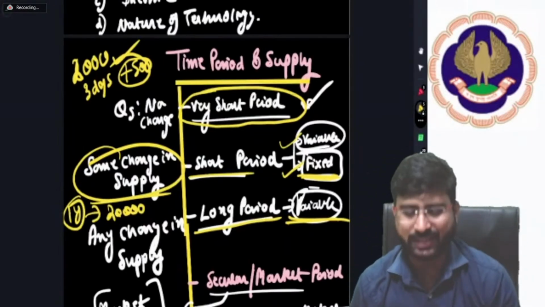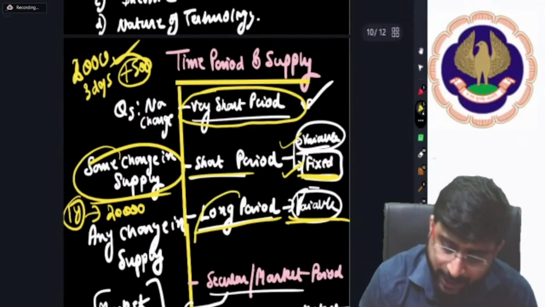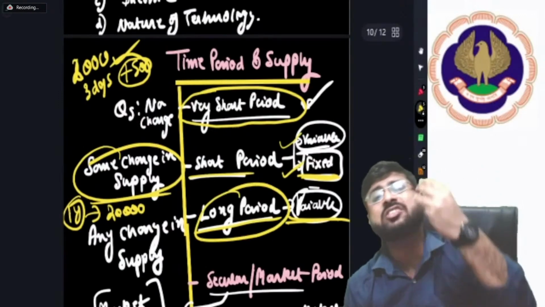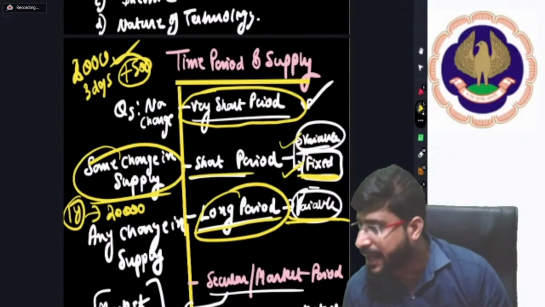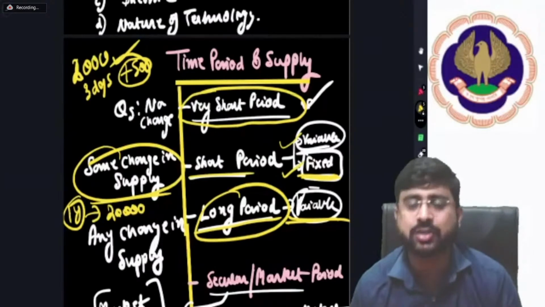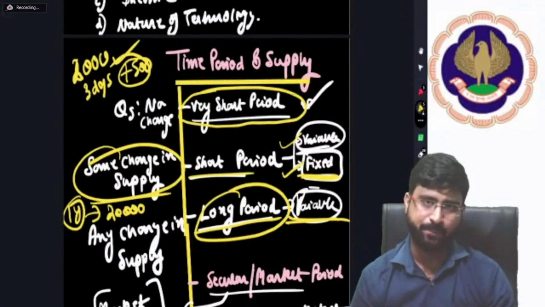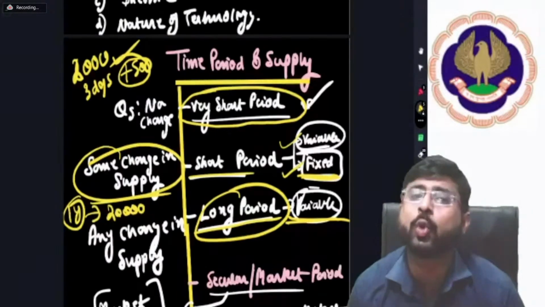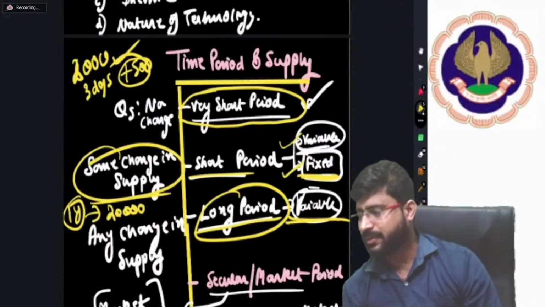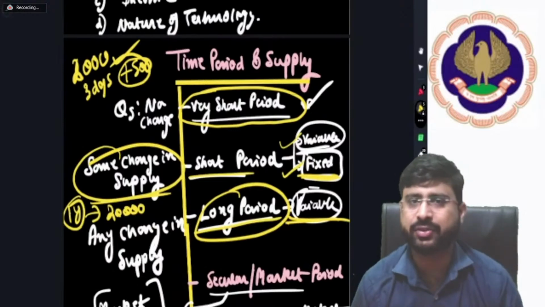Yes or no? Yes, sir. And therefore, long period is a time period where supply can be changed to any extent. Is that so, sir? Yes, my dear friends, that is so.